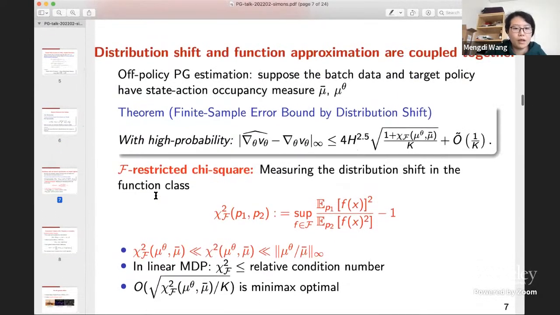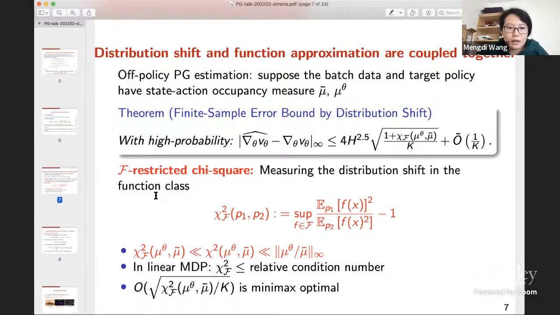Okay. So further, there's a very intricate insight here if we really delve deeper into the estimation error bound analysis. Right now we're using function approximation to approximate the Q function and Q gradient function, and we're also dealing with off policy data.